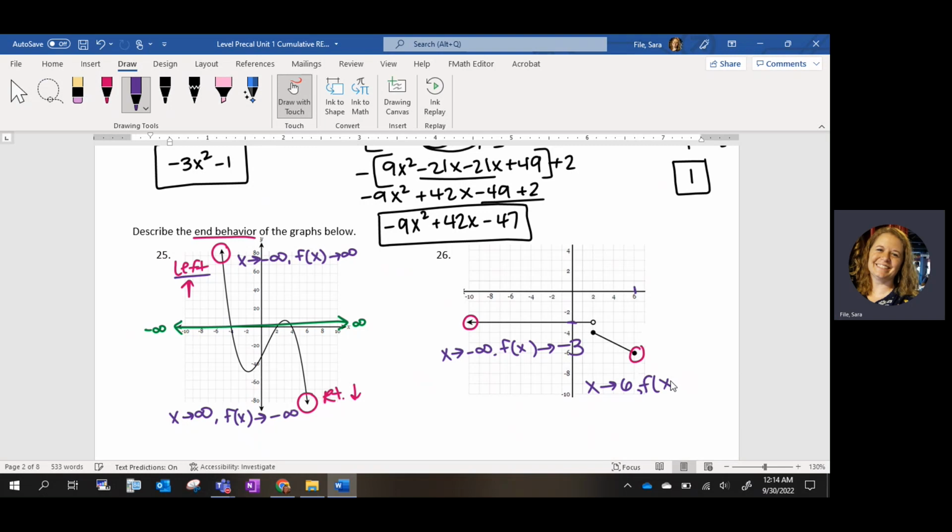So as x is moving toward 6, the y value is moving toward, this right here is -6. And that's end behavior. All right, I'm going to stop that video there.